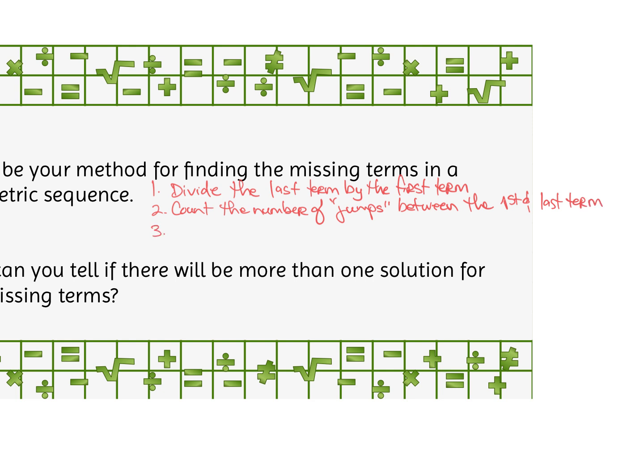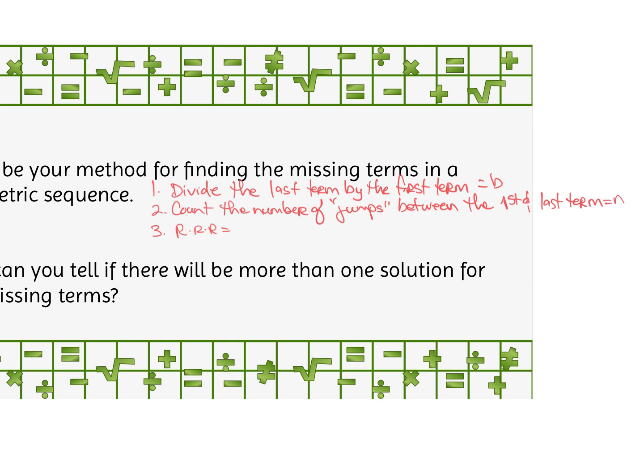Number 3, I think about it as how many times we multiply our common ratio together to get our number. So we can divide the last term by the first term. Let's label that as B. Count the number of jumps.